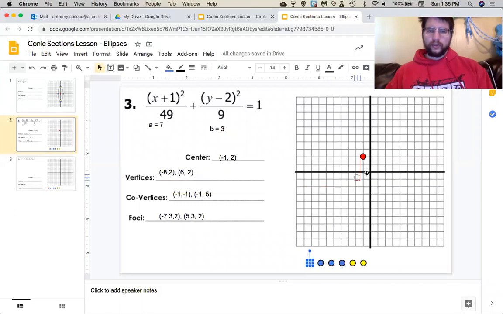So this is a horizontal one. -8, 2, and 6, 2, sorry. And then my co-vertices, -1, -1. That doesn't seem right.